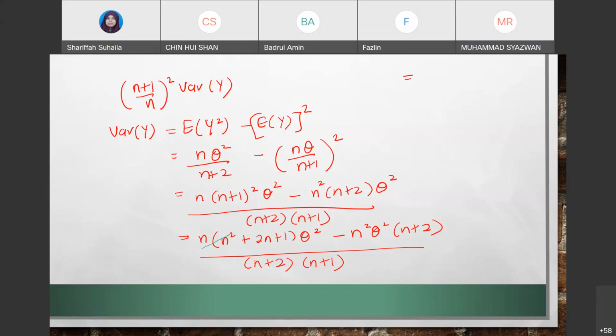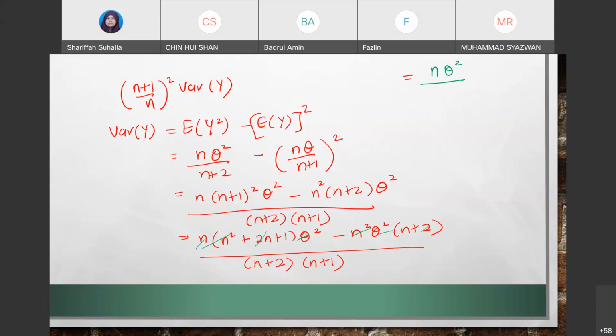Ini boleh cancel out kan? Betul ya? And then tinggal 2n square theta square, 2n square theta square. So yang tinggal apa? n theta square je. Betul ya? So yang tinggal adalah n theta square.